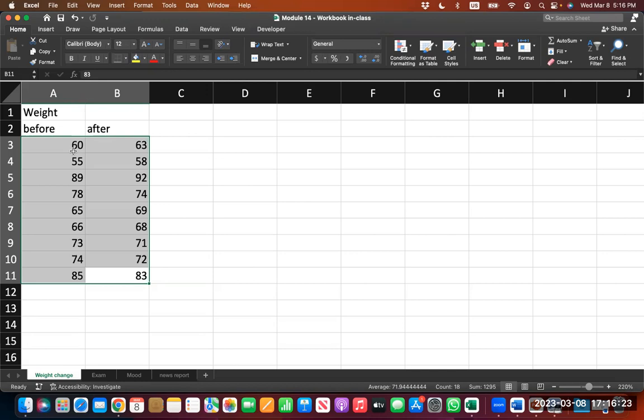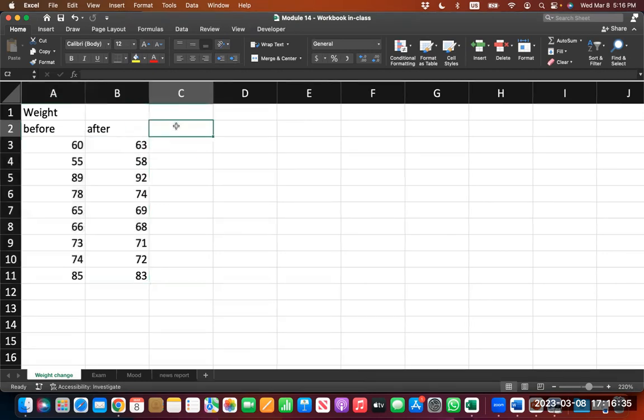I keep getting mixed up, and I want to make the distinction between individual scores and mean sample differences. So you have before and after. These are individual students, individual scores.